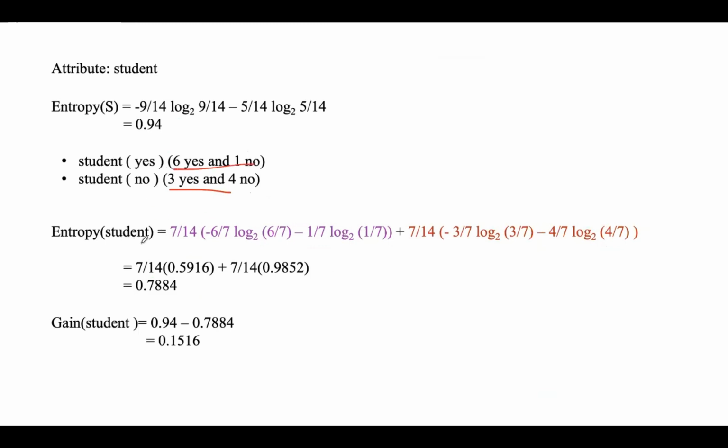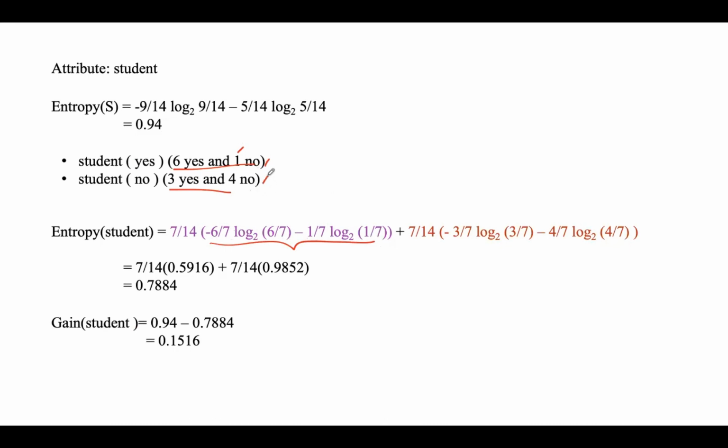Now the entropy of student: 6 plus 1 is 7. For the first category, 7 by 14, and the entropy for the first category is 6 by 7 log 6 by 7 to the base 2, minus the number of no's, which is 1, so 1 by 7 log 1 by 7 to the base 2.